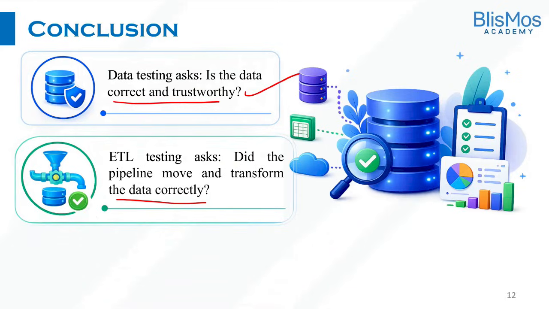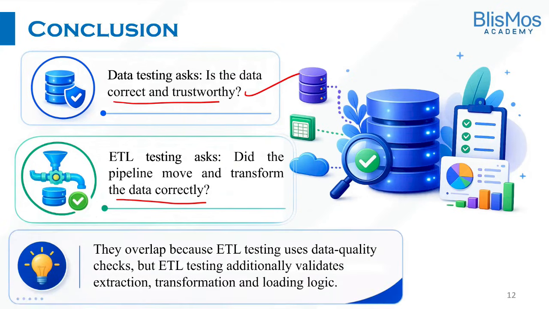There is an overlap because ETL testing uses many data testing techniques like null checks, duplicate checks, accuracy checks, and also reconciliation. But ETL testing additionally validates the extraction, transformation, and loading logic of the pipeline.